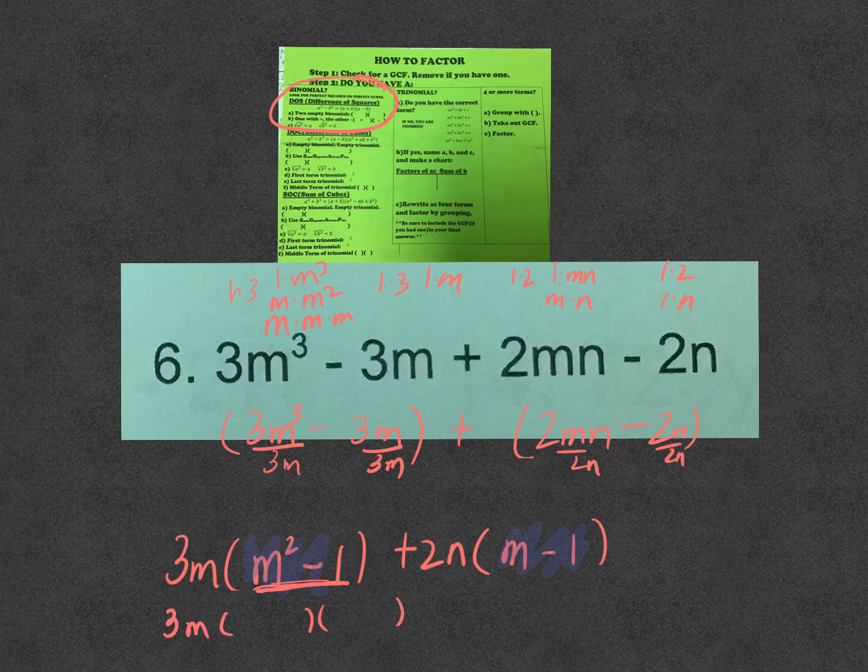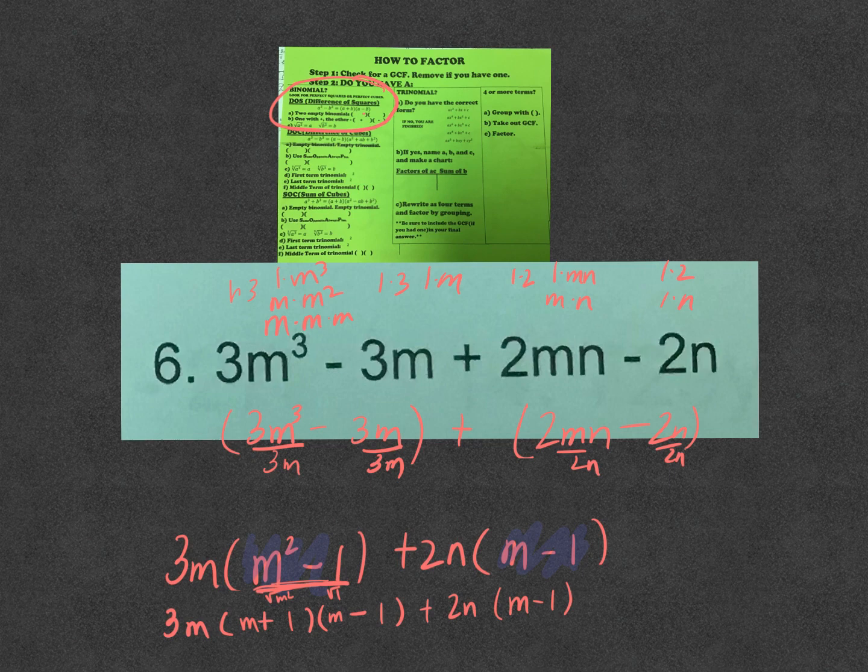When you have a difference of squares, you put 2 empty binomials, one with a plus sign, one with a minus sign. And then you take the square root of m squared, that's m, and you take the square root of 1, that's 1, and I'm going to bring down the rest of this. So actually, this will factor when you look at it.